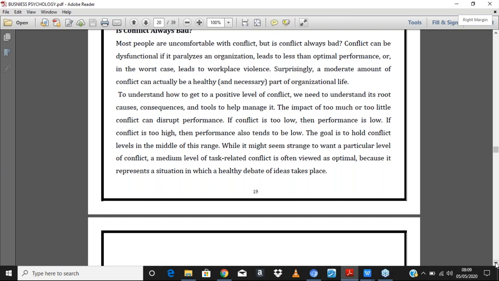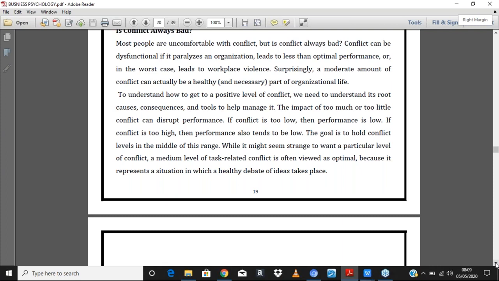The impact of too much or too little conflict can disrupt performance. If conflict is too low, then performance is low because there are no challenges, nobody is speaking out, everybody is just quiet, and it seems as if we are just going with the flow. And if conflict, on the other hand, is too high, it can become a problem.